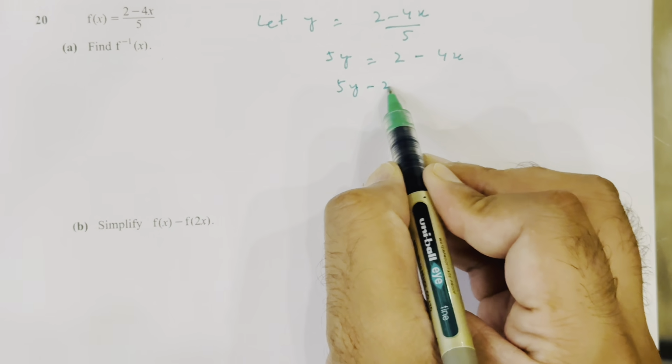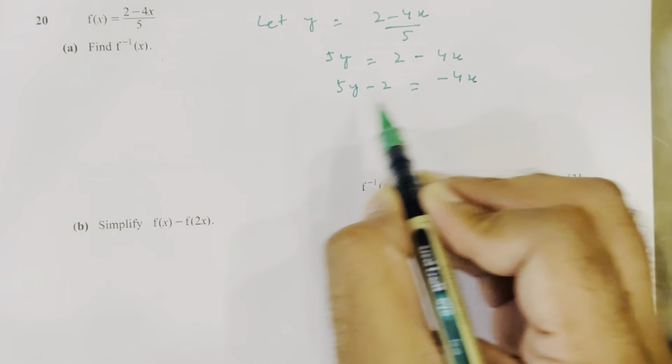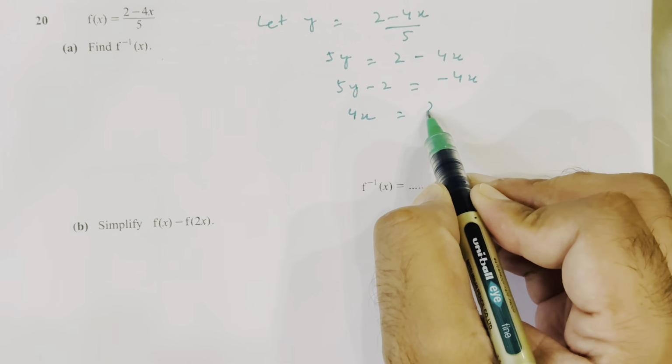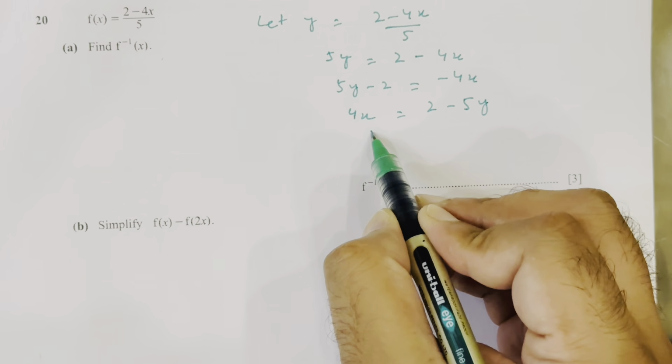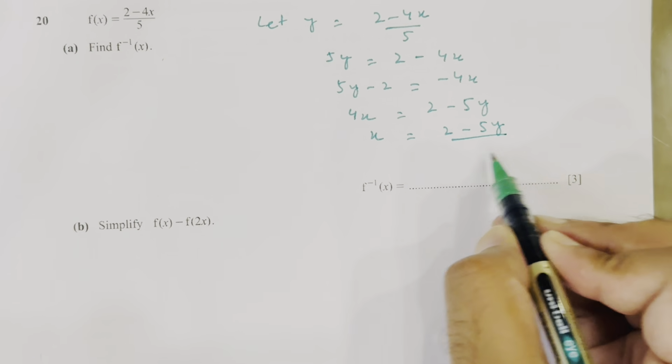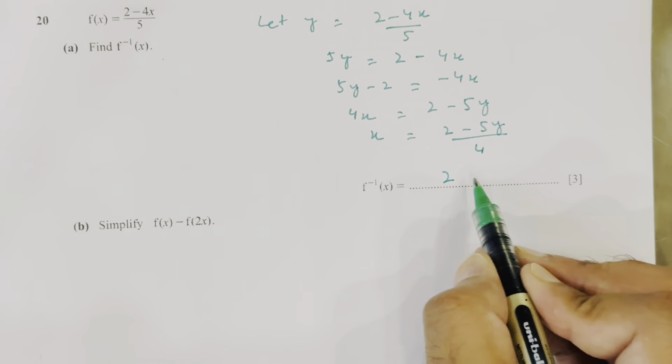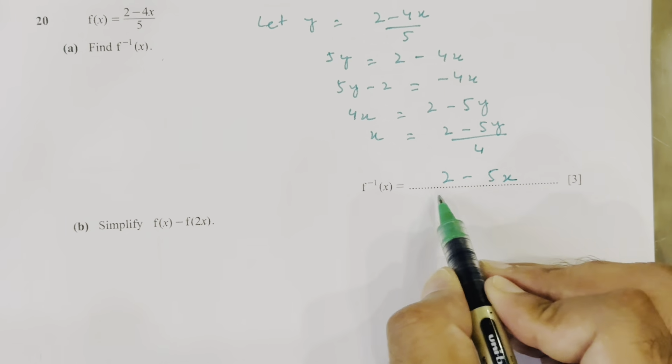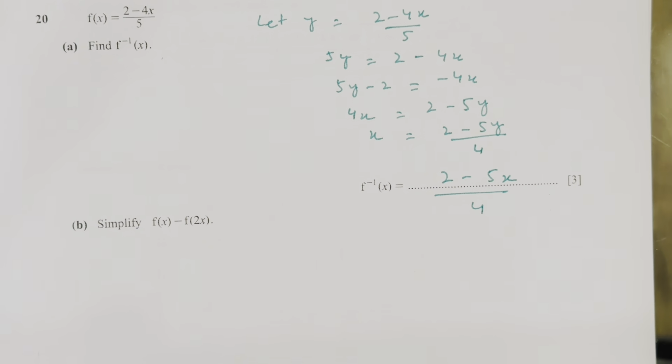It would be 5y minus 2 is equal to minus 4x. It would be like that: 4x is equal to 2 minus 5y. Then x is equal to 2 minus 5y over 4. We're going to replace y by x, it would be like that: 2 minus 5x over 4 is f inverse of x.